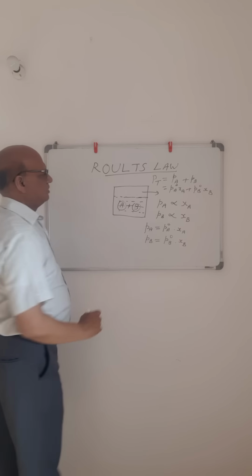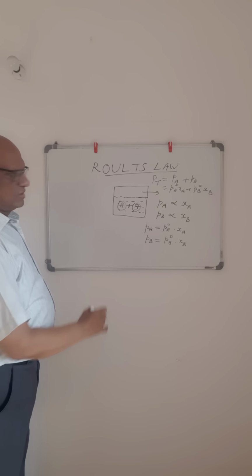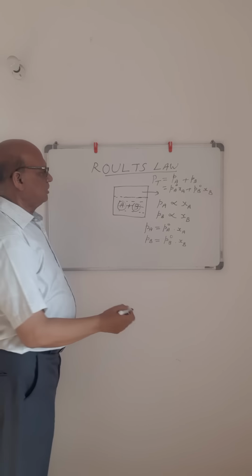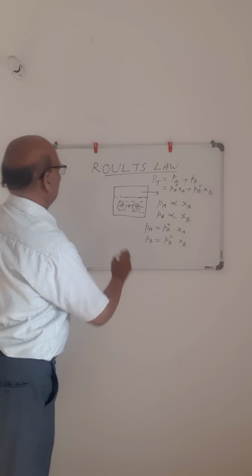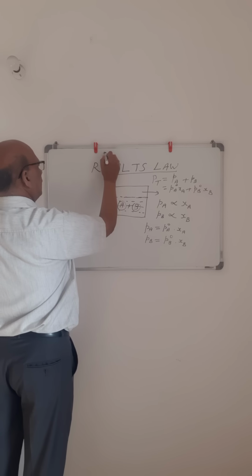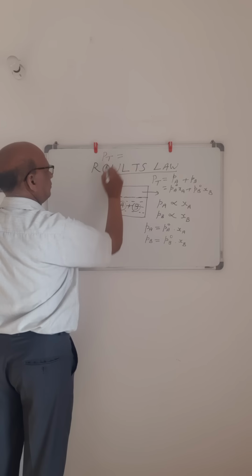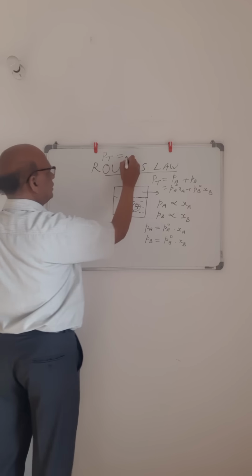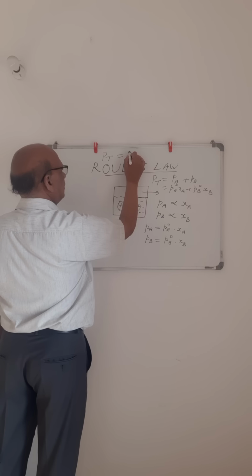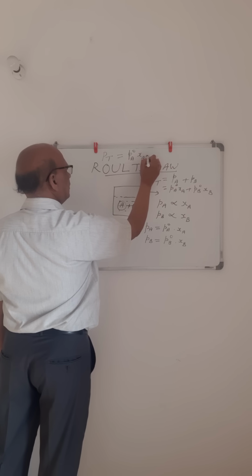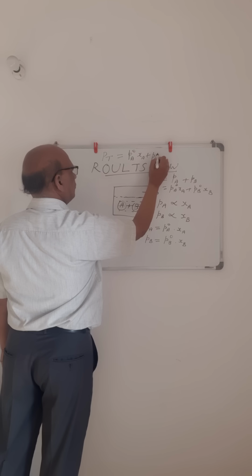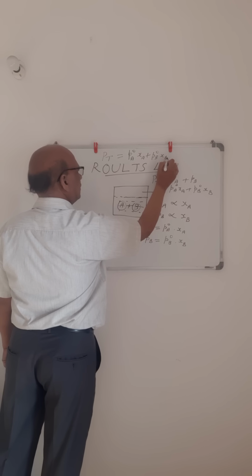So this equation will be used in the numericals which we are going to solve. Okay. So the total pressure exerted by the solution, the total vapor pressure, is nothing but PA naught XA plus PB naught XB.